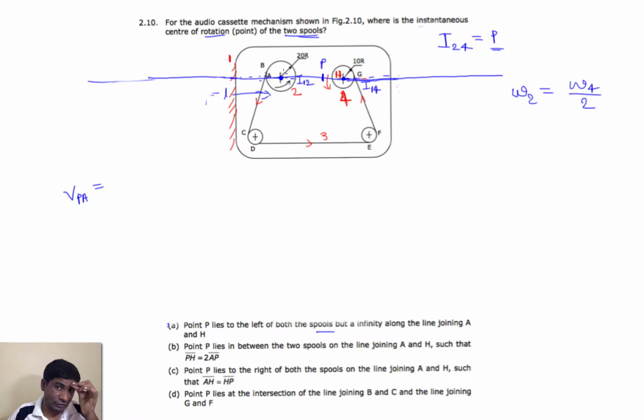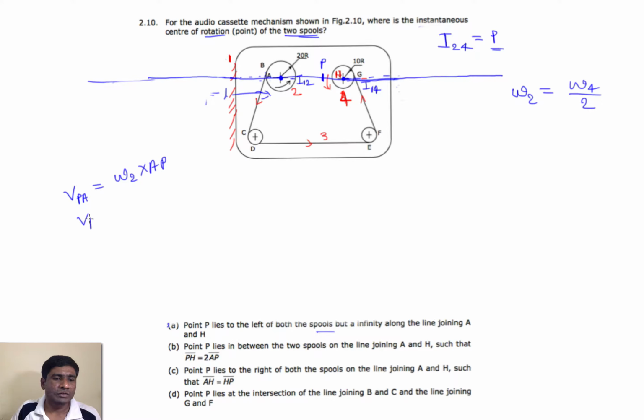We extend spool B such that it has the instantaneous center P. So the velocity of the instantaneous center, if you consider it on spool B, equals omega 2 into AP.